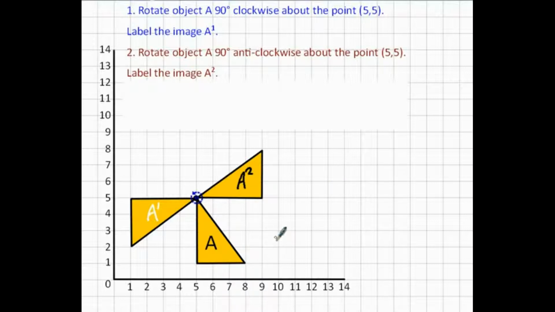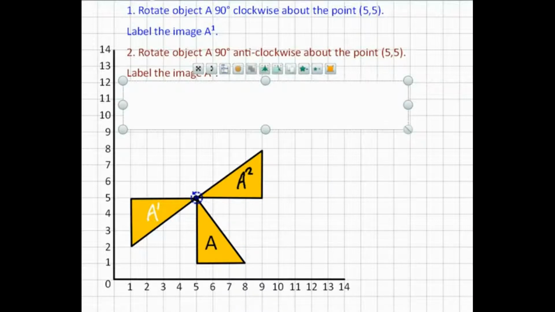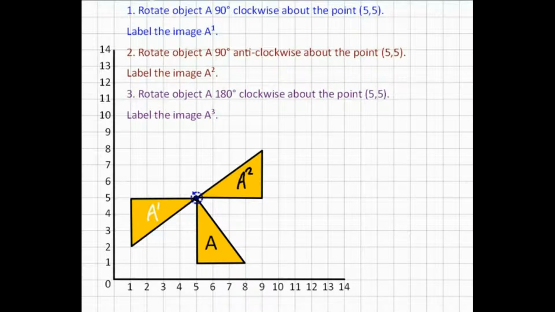Label it A2. And then finally it says rotate object A 180 degrees clockwise about the point 5,5. So same centre of rotation, but now we're rotating 180 degrees. It doesn't matter if I go clockwise, which would have been that way, or anti-clockwise, which would be this way, I get the same image. But it says clockwise, so I'll do it clockwise, just to show you.